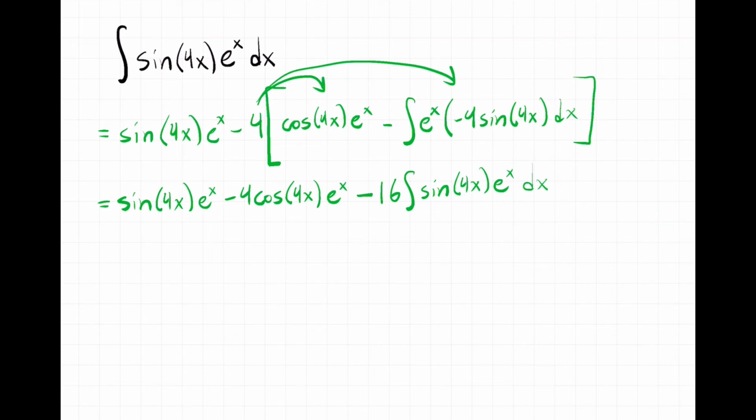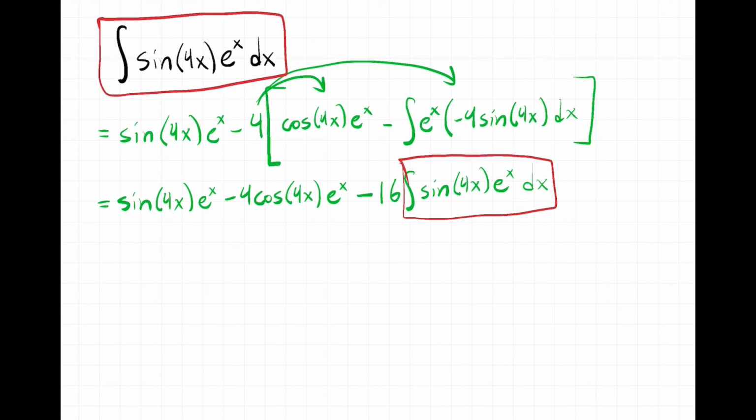Well, we still need to be able to solve this integral. Until we can write this as an expression that has no integrals in it, we're not done. But here's the problem. This integral right here is exactly the same as the integral we started with. If we knew how to solve this integral, we would have known how to solve this integral to begin with.